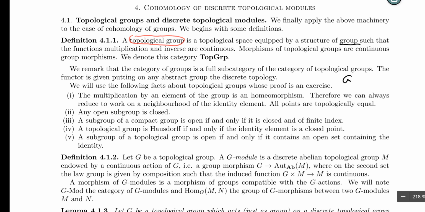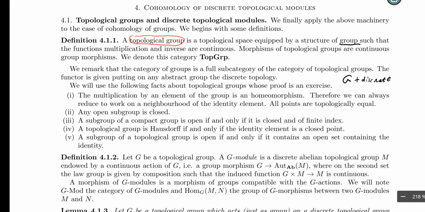When the abstract group G is given the discrete topology, it becomes a topological group. Any element of this group is an open subset of this topological group.